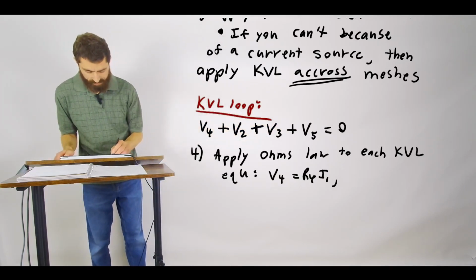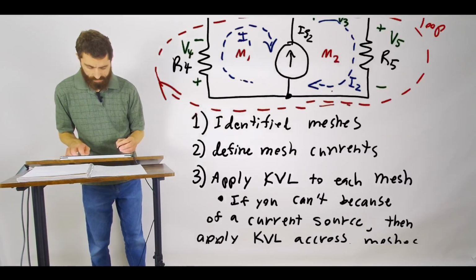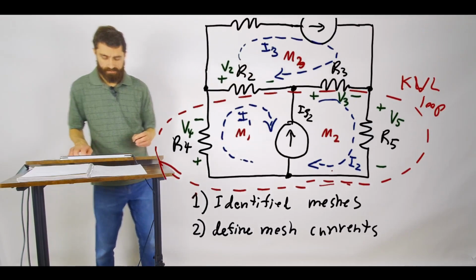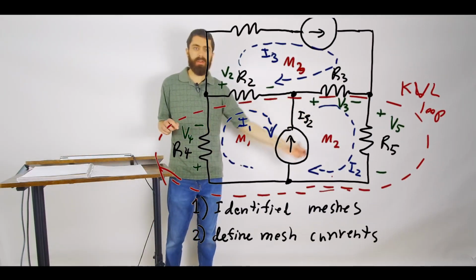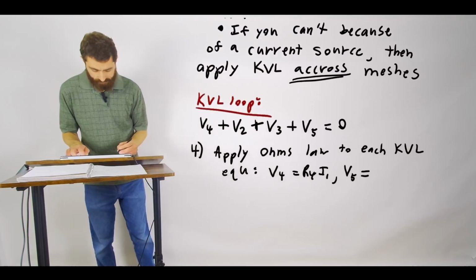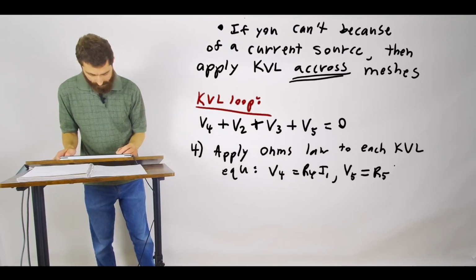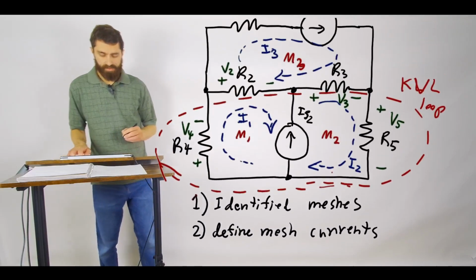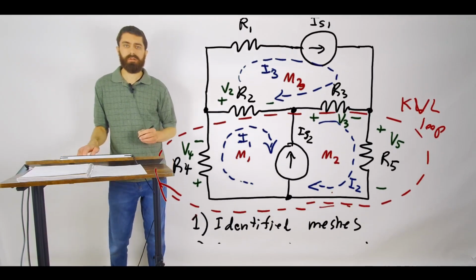We don't need to plug it in. So instead, let's do V5. So V5 is equal to I2 times R5. Okay, so we have that voltage now.